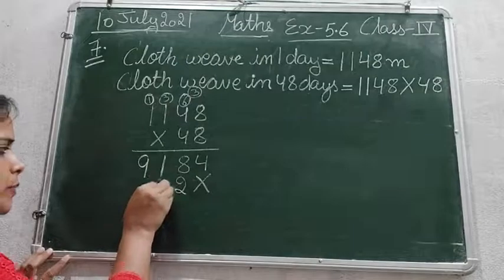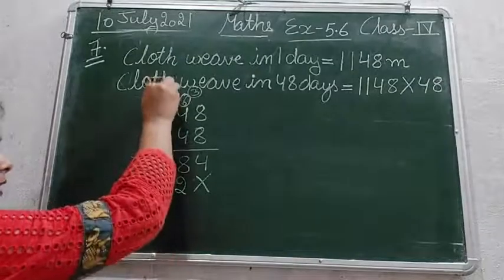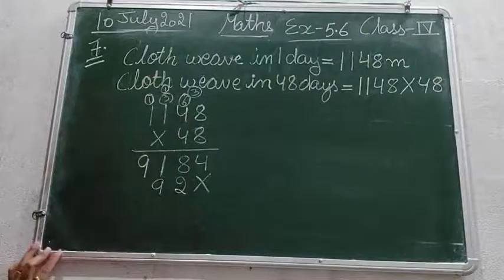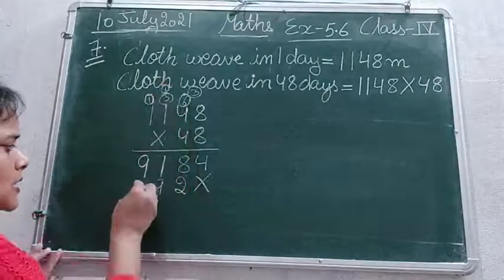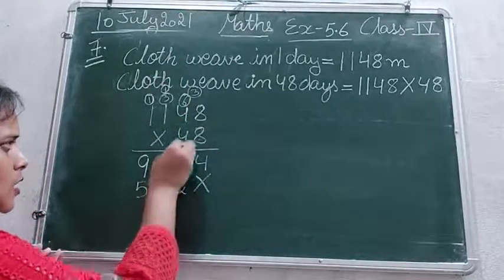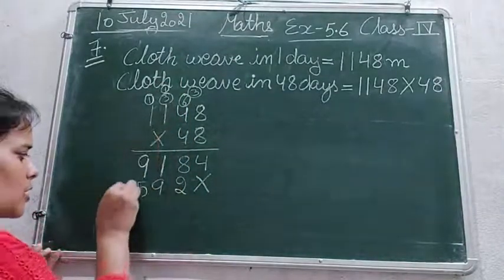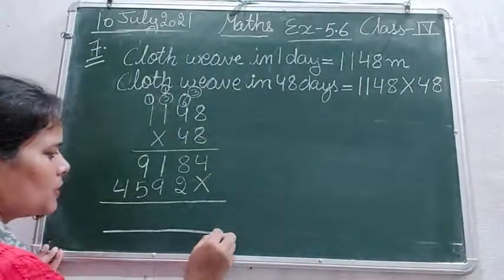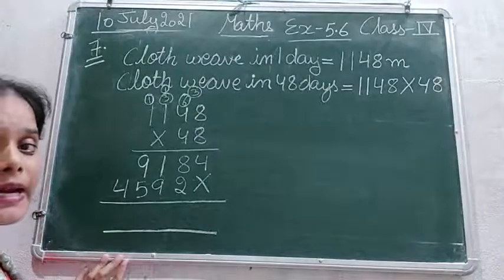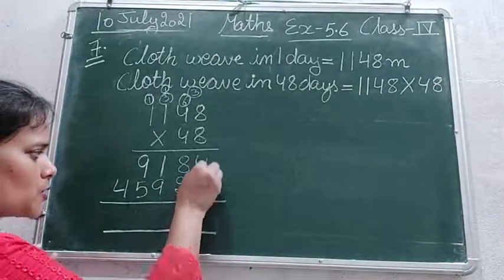So here we will put the 9 and the 1 will be carried above to the next number. Okay, now next, 4 1s are 4 plus 1. This is 5. 4 1s are 4. So after multiplication we got this. Now we will find the product by adding these two numbers. So this is 4.